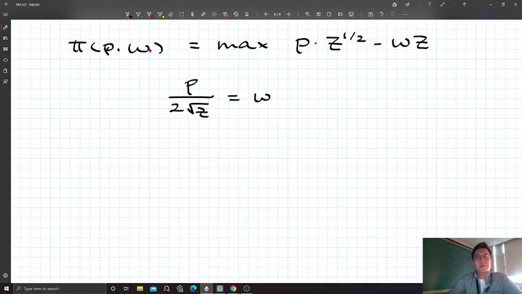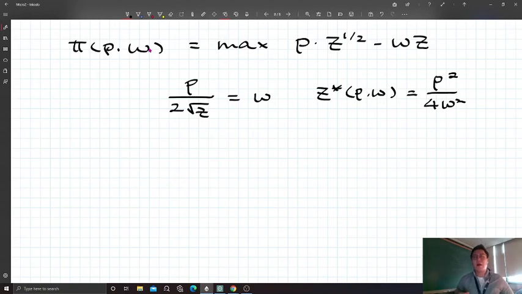So that's the first order condition. The optimal demand for z, we can obtain this z star by solving this equation for z. So z star is p squared over 4w squared. Am I right? Let me double check. Yes.